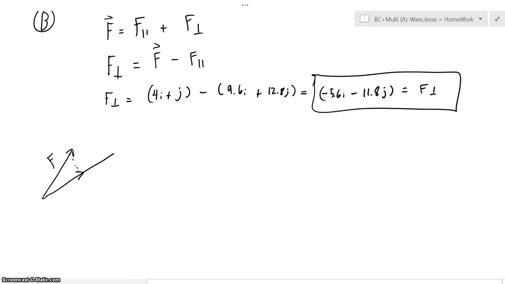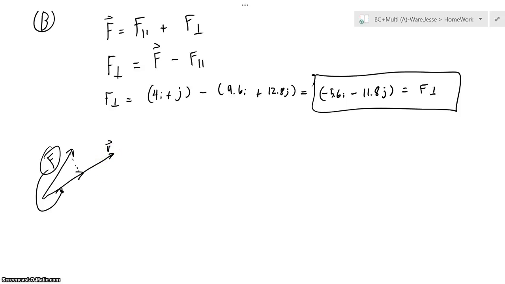Using a simplified version of the diagram I had above, you can see that here's vector v, and we want to find out how much work the force F is actually doing in the direction of v. So that's why we found everything we did.